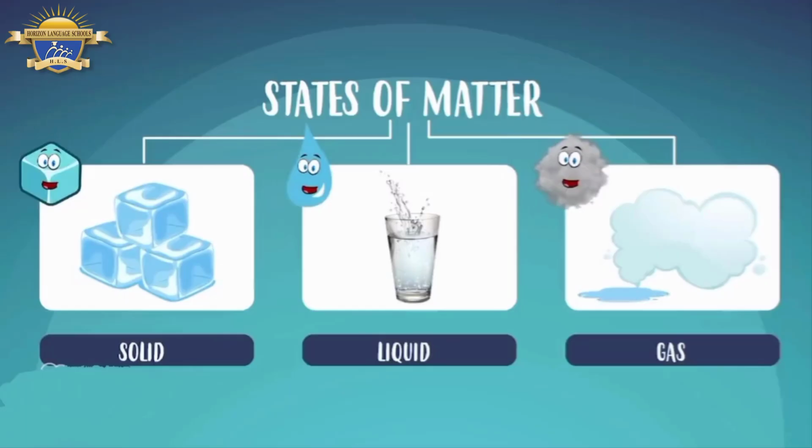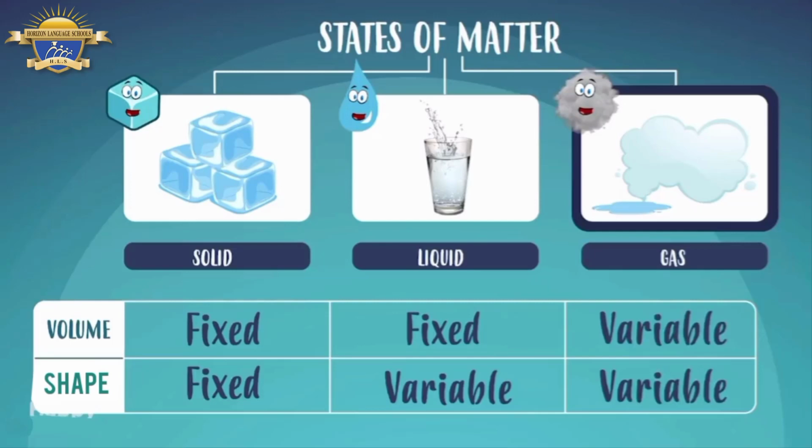Today we talked about the states of matter, and we said that there are 3 states of matter: solid, liquid, and gaseous state. Each one has different properties from the others. Number 1, solid state has a fixed or definite volume and definite shape. Number 2, liquid state has fixed or definite volume and indefinite shape, and it takes the shape of the container.